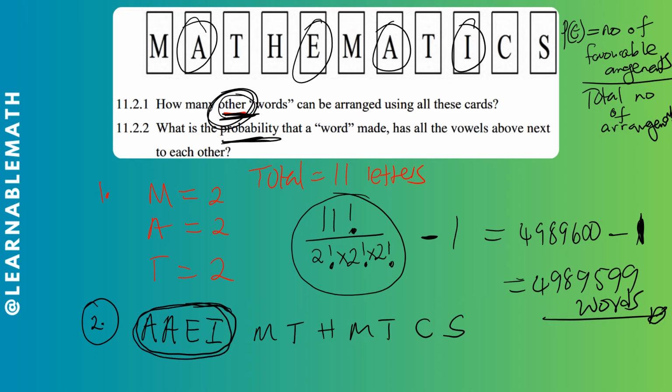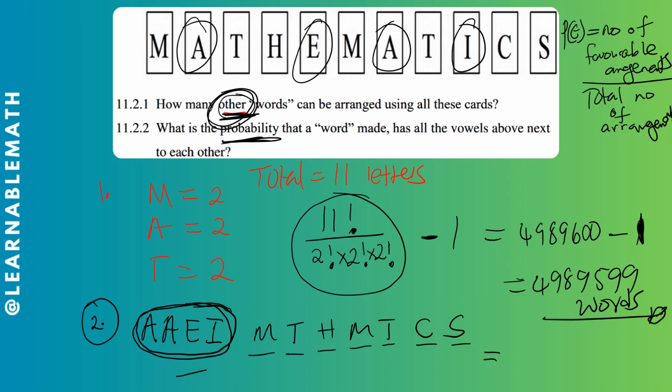We treat them as one unit. If it's one unit, it's like one object, right? We count how many are there to arrange. It's 1, 2, 3, 4, 5, 6, 7, 8.